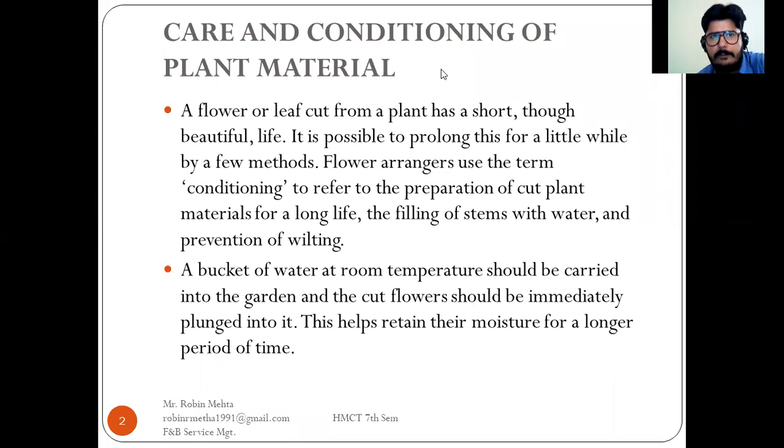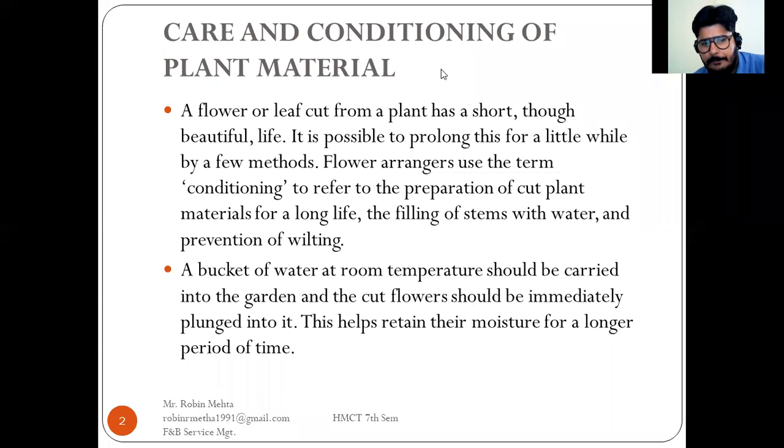Sometimes we put the plant at a place where they absorb some other products, fragrance or color. So we do these things to give our flowers, leaves or plants a long life.